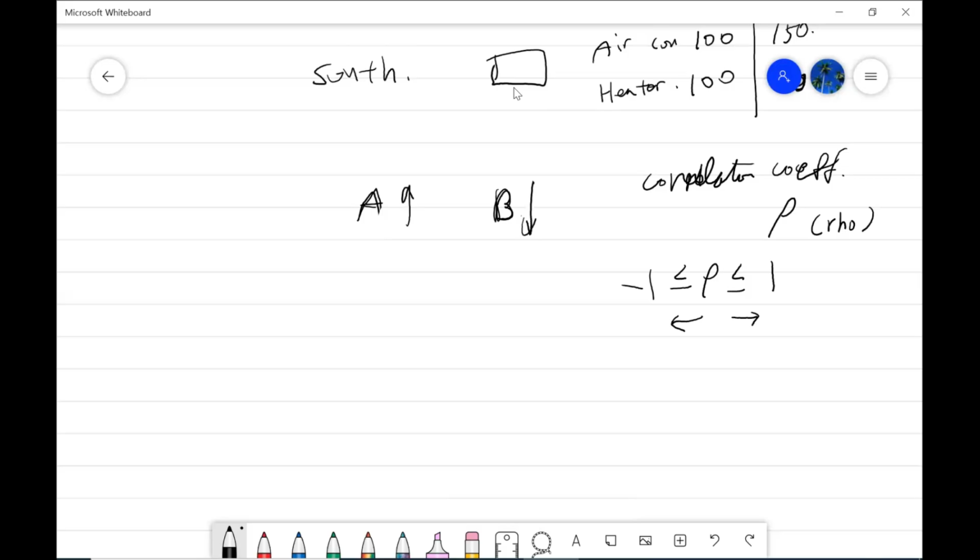Again, the opposite is the same: if the demand of A is decreasing, the demand of B is increasing. That is what happens when the correlation coefficient of these two products' demand is close to -1.